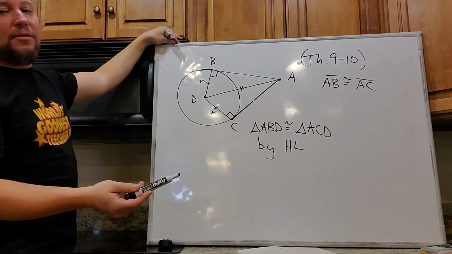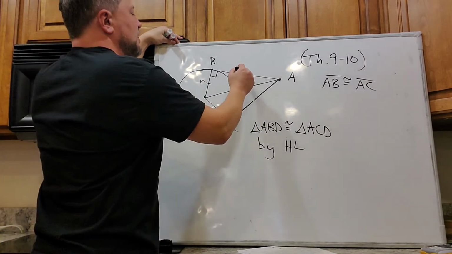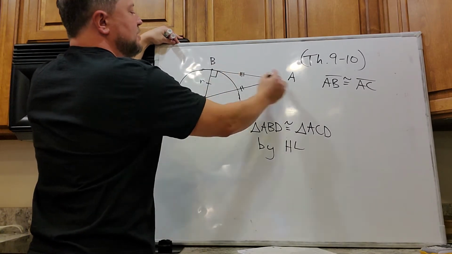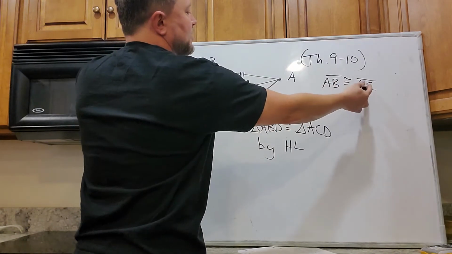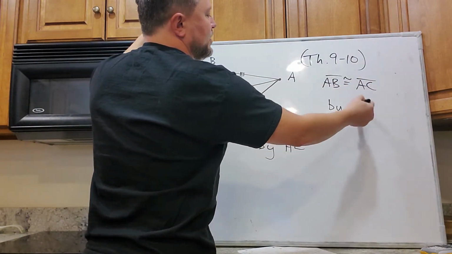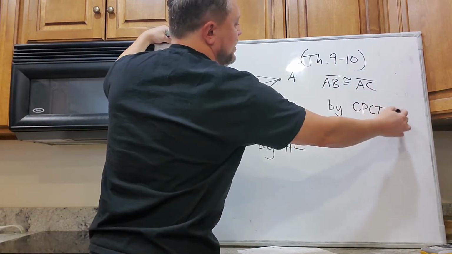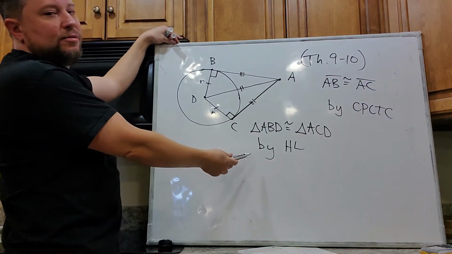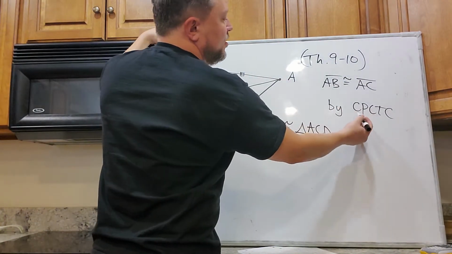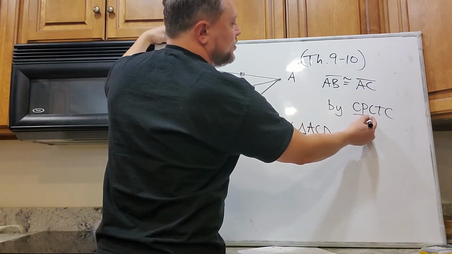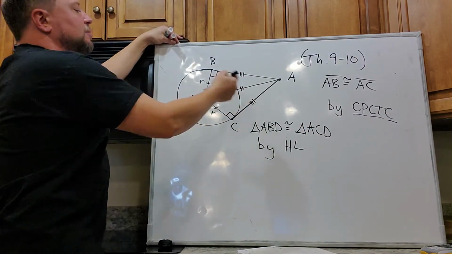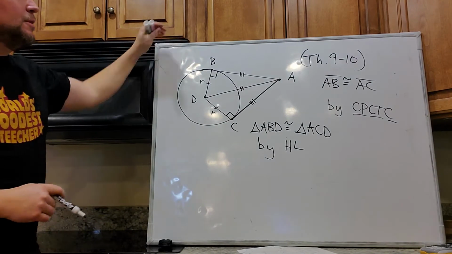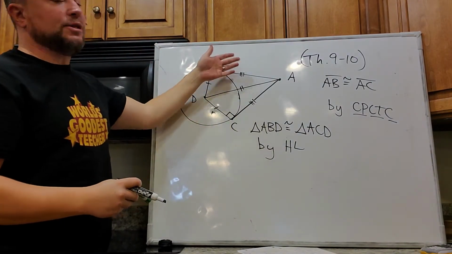And if the triangles are congruent, then we can finally say that this side and that side, AB and AC, are congruent. And it turns out we could say it's by CPCTC, because if the triangles are congruent, then all their corresponding parts have to be congruent. So again, just think of it as a mirror image.